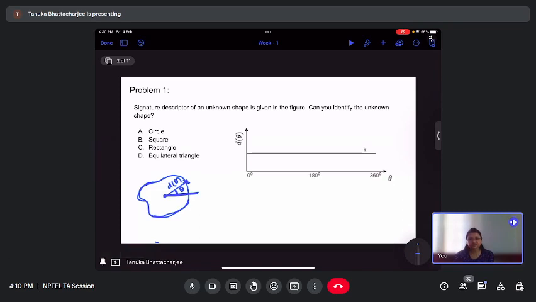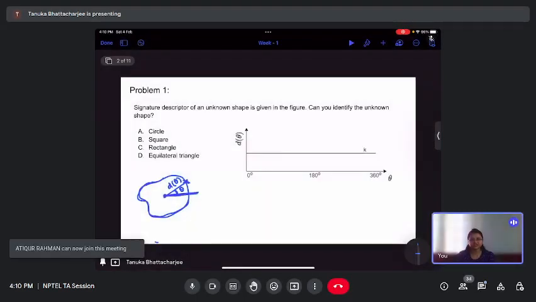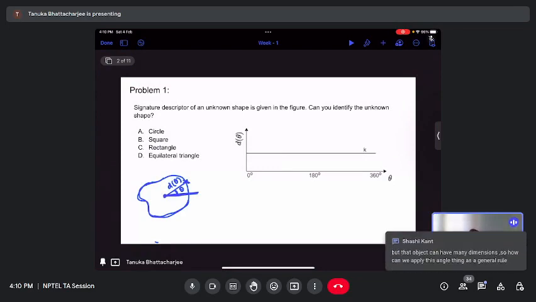Depending on the shape of your object and how the boundary is, this descriptor will change. So, by looking at the descriptor itself, you can say what the shape of this particular object is. You do not need to know the entire boundary.